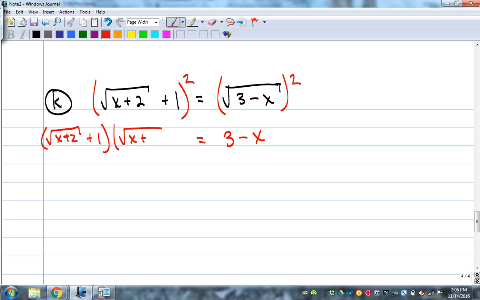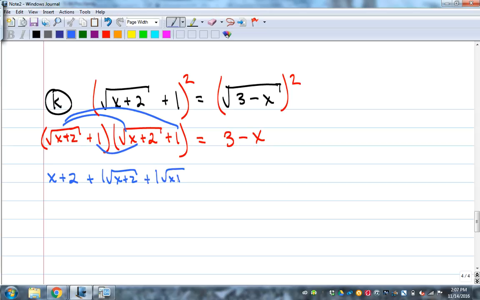We're eventually going to be able to get rid of the one on the left-hand side, but not straight away. So we've got to do distributive property on this side. Square root of x plus 2 times square root of x plus 2. Then that radical goes away to just get x plus 2. That's that times that. And then plus 1 radical x plus 2. And then distribute the 1. Another 1 radical x plus 2.